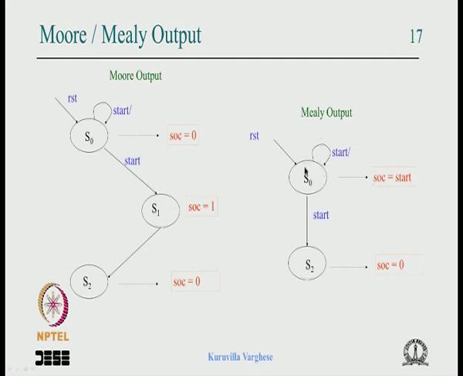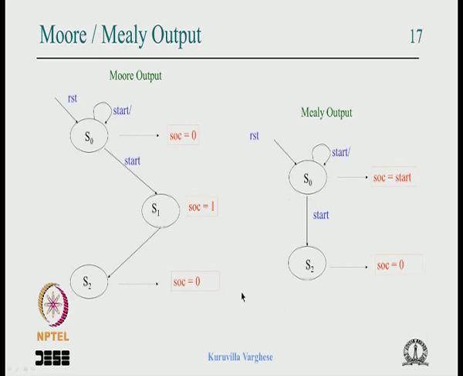So in that state, Q1 bar and Q0 bar, that is 00, and start is the decoding of SOC. It is a Mealy output, and upon the start, at the next clock edge, it transits to the next state, and we skip S1 because that is done here. So we skip to S2 where the SOC is 0. That is the Mealy output, that is why it is converted.